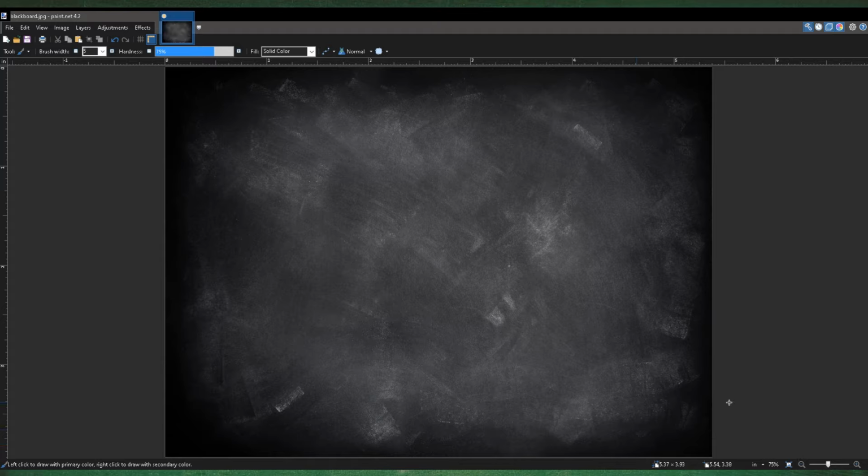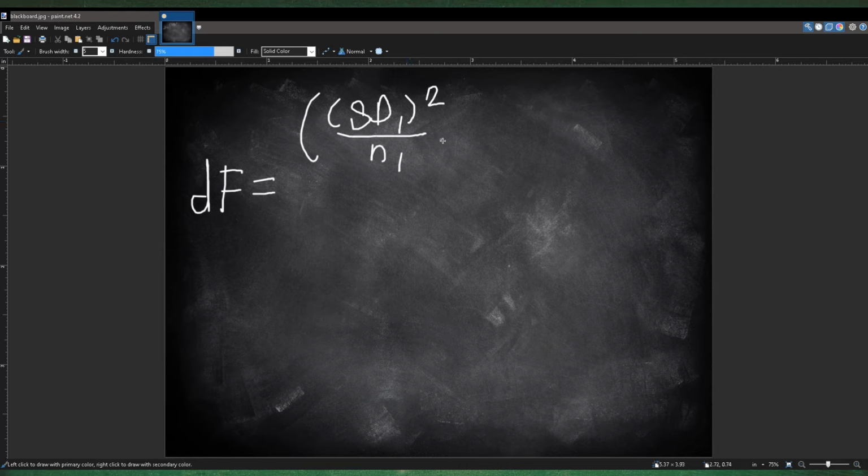You don't have to memorize this, but for the degrees of freedom, if you do want to know how to calculate it by hand, it's really annoying and really long. It's standard deviation 1 squared divided by n1 plus standard deviation 2 squared divided by n2. Add those two numbers together and then square that number.